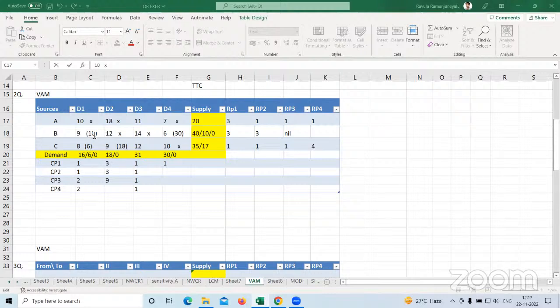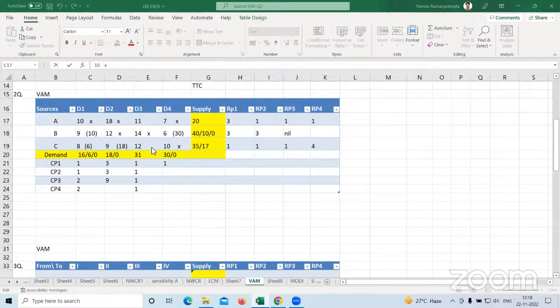So we allocated 6. Only 11 and 12 are there. 11 we can allocate. Now the last column, that is the D3 column, has 11 and 12.